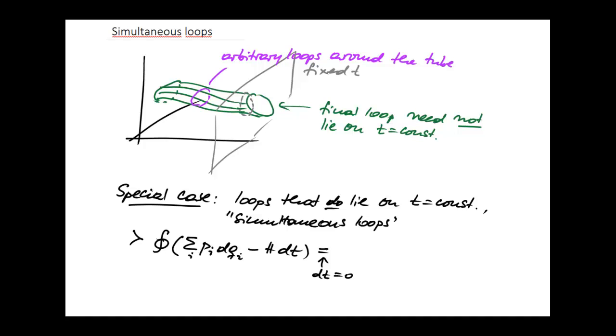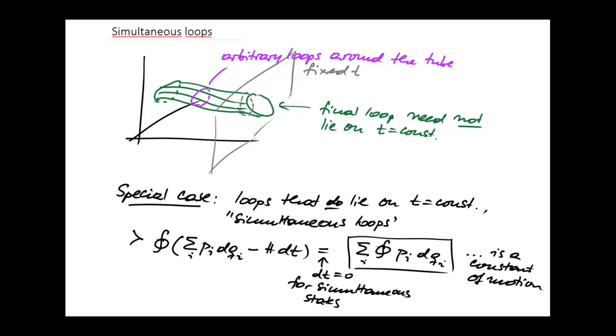And then this invariant becomes simply the sum over i of the loop integral p_i dq_i. And then we find, when we restrict ourselves to simultaneous loops, that this expression in the box, this loop integral, is a constant of the motion.